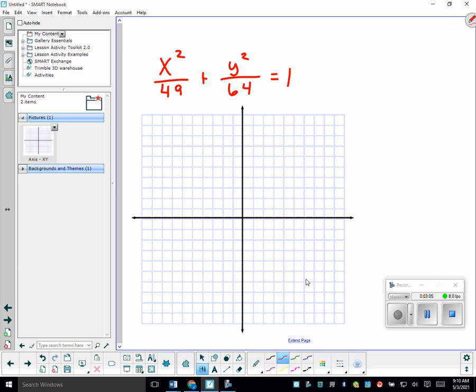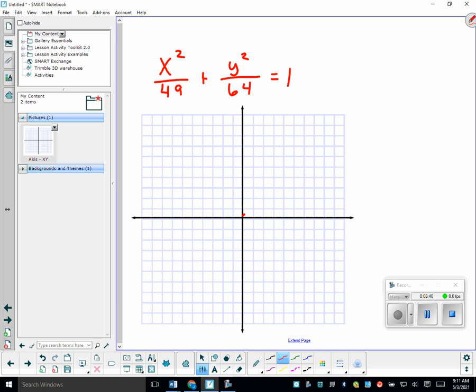All right. For my ellipse, what is the center? 0, 0. Very good. Now, I take the square root of the number under x and go from my center in the x direction each way, 7.